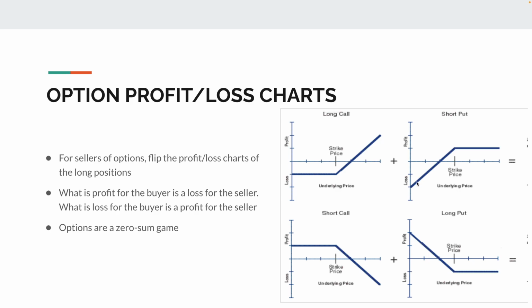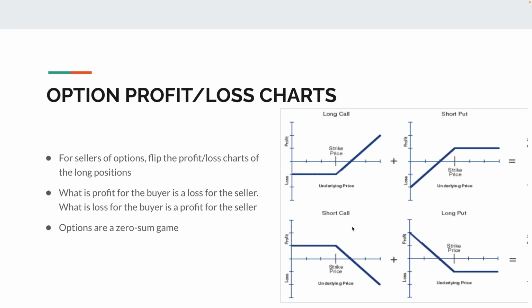And just remember that for each transaction, for a person to buy and for a person to sell, someone has to lose, right? This is why we call options a zero-sum game. It means that at expiration, there's going to be one person who's right, one person who is wrong. One person will make the money and one person will lose the money.